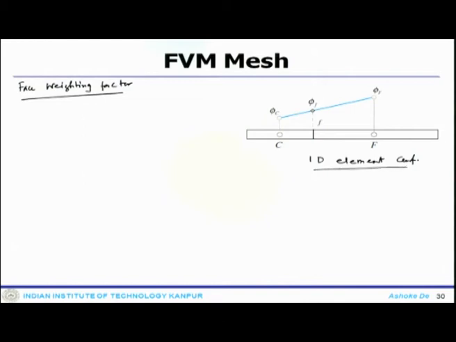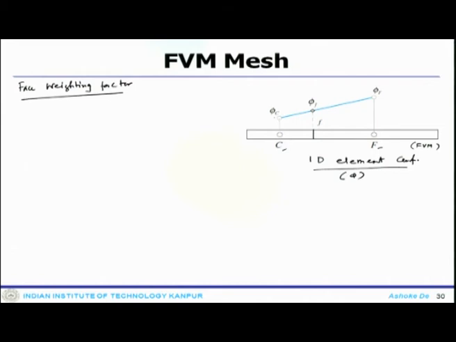If we write it for any arbitrary variable phi, these are shown as the element C and element F. These are all in FVM construction, and the face is f.